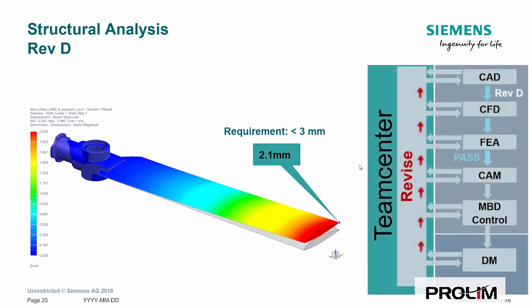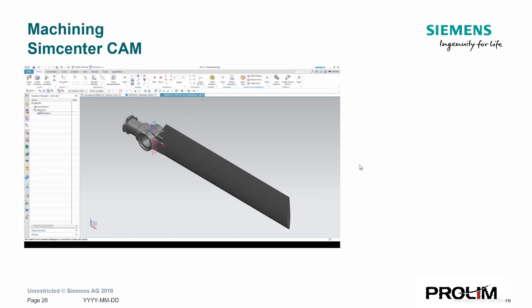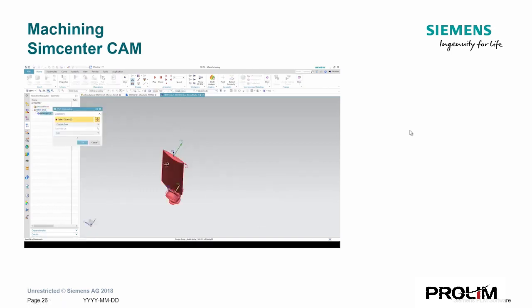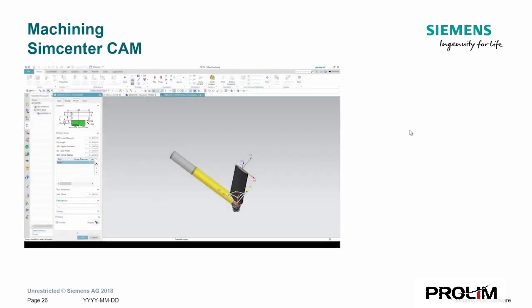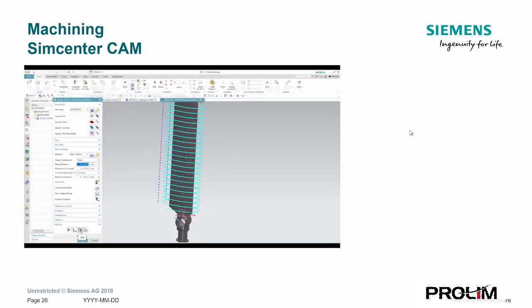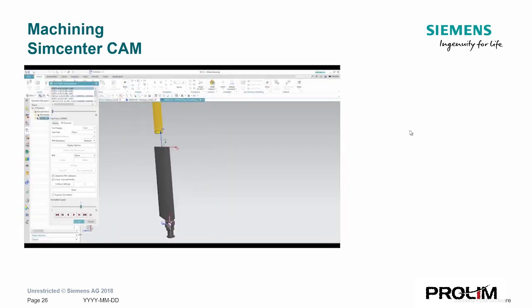So that is a pass, and we can move on to the computer-aided manufacturing aspects, which we quickly run through here, where the computer-aided manufacturing process is demonstrated as having a bit of a problem cutting the leading edge because it has a fairly sharp leading edge.